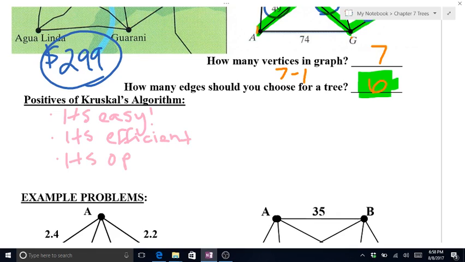And three, it's optimal. Okay, so it doesn't require a lot of complex steps. It's easy. It doesn't take long. It's efficient. And it will always, always find an MST or a minimum spanning tree.